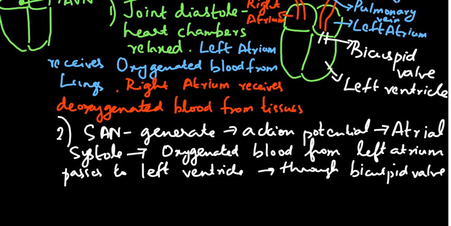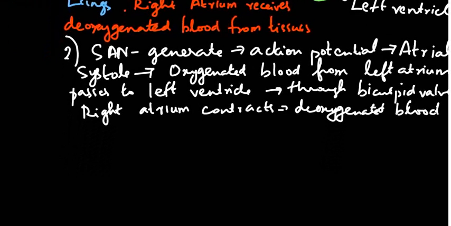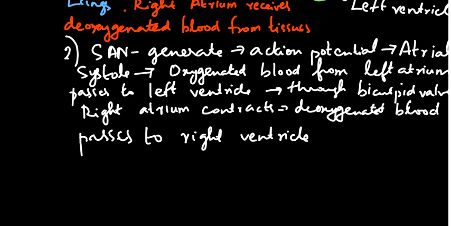At the same time, the right atrium also contracts. When the right atrium contracts, the deoxygenated blood passes from right atrium to right ventricle through the tricuspid valve.